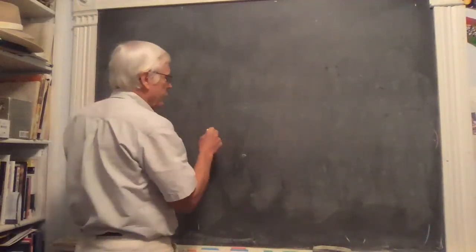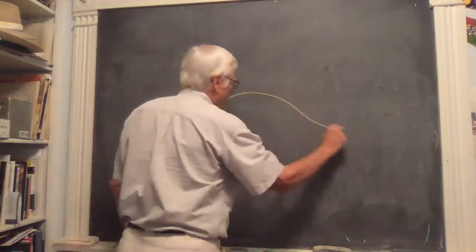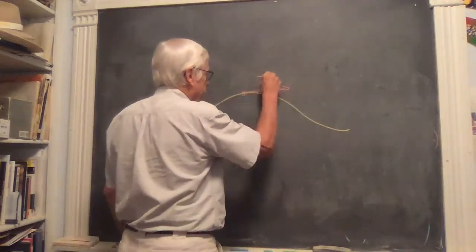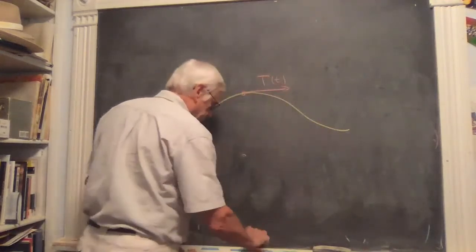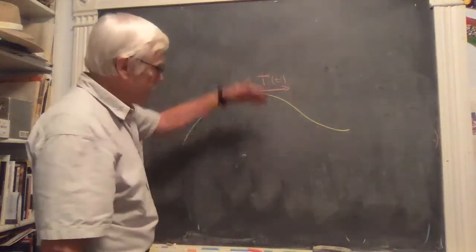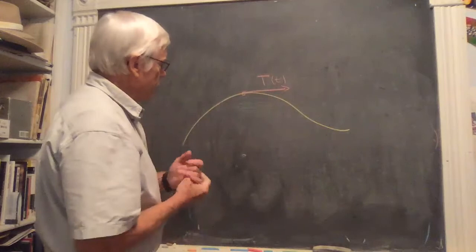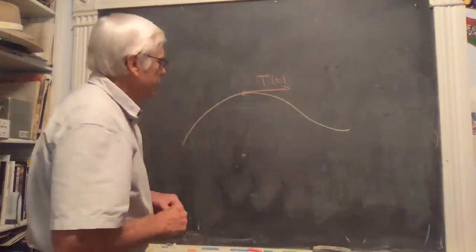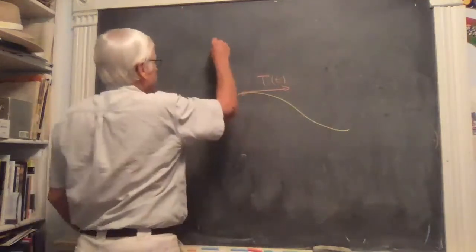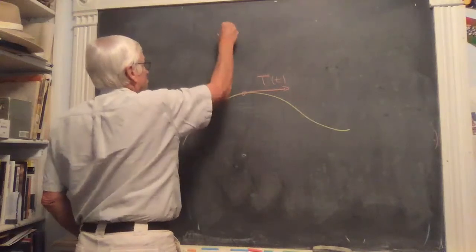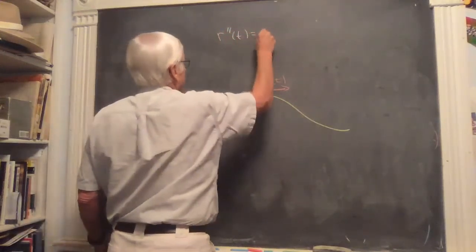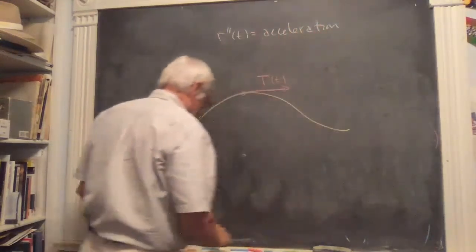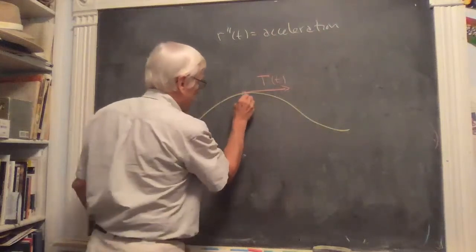And it is this. When you have a curve like this, at any given point, we have this T unit vector, a unit vector pointing in the tangential direction. Actually, the direction of travel is this way. But if we look at the acceleration, r double prime of t, we get a different vector.